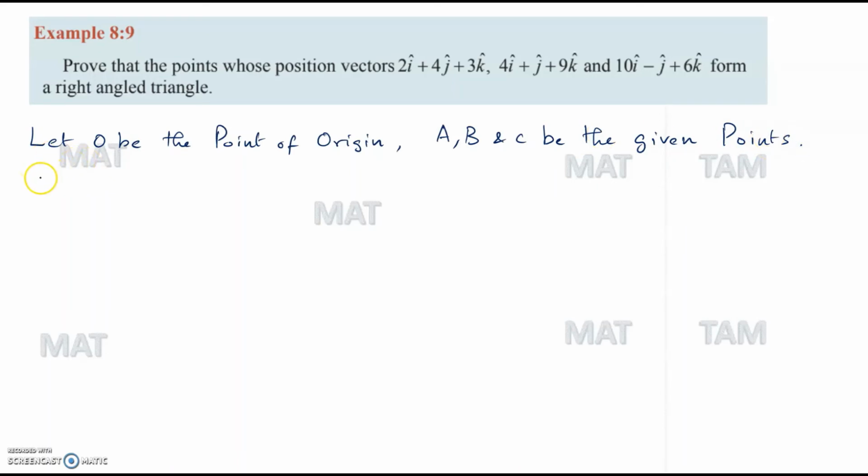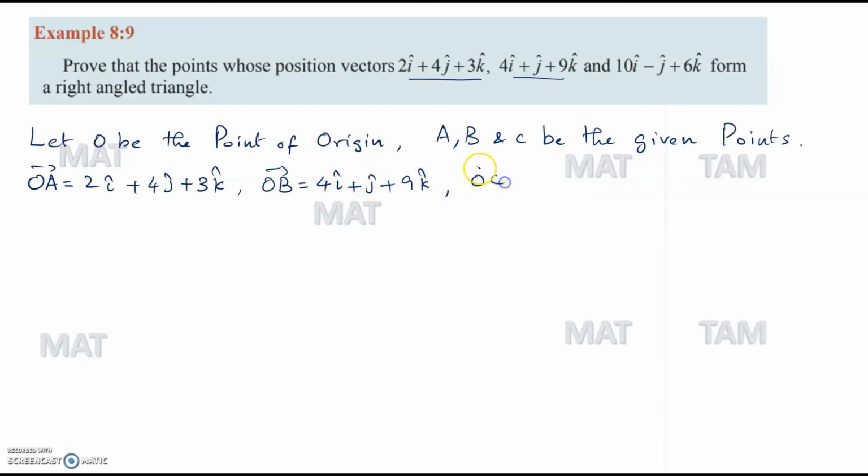So let's define our OA vector as 2i cap plus 4j cap plus 3k cap, which is our first vector here. Then let's define our OB vector as the second one, which is 4i cap plus j cap plus 9k cap, and our OC vector as 10i cap minus j cap plus 6k cap.